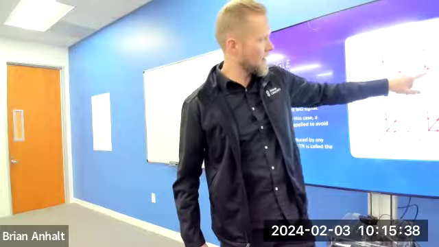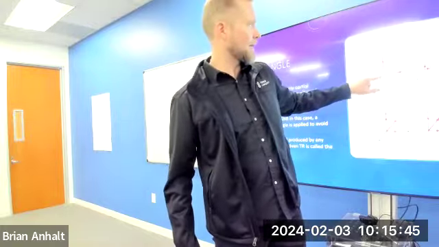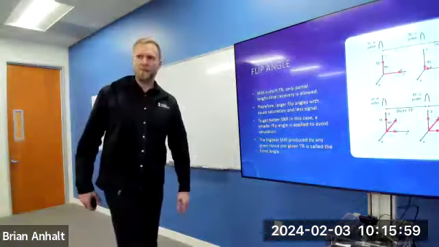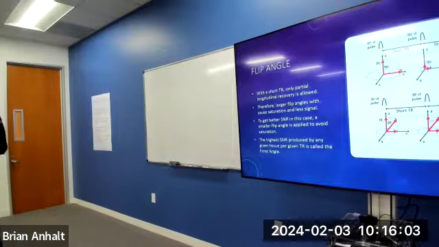So if we flip that 90 again, we don't have much to flip 90 degrees, right? We flipped it 90 to begin with. We don't have any longitudinal magnetization. It recovers a little bit. We don't flip much into the transverse plane. If on that same short TR, we only flipped it 30, it's going to recover back, flip it again. We're going to get more transverse magnetization on a short TR with a lower flip angle.